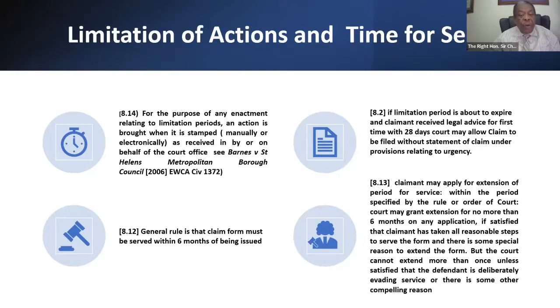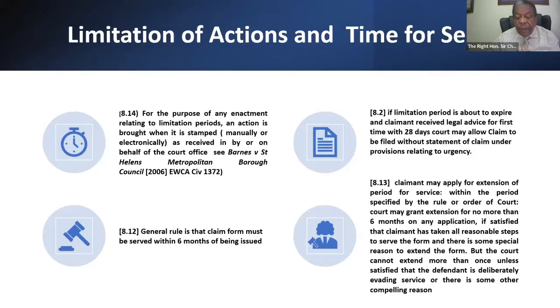Now, if you're caught by surprise, the court will allow you to file without a claim form if you got legal advice very late, and within 28 days of filing the matter.